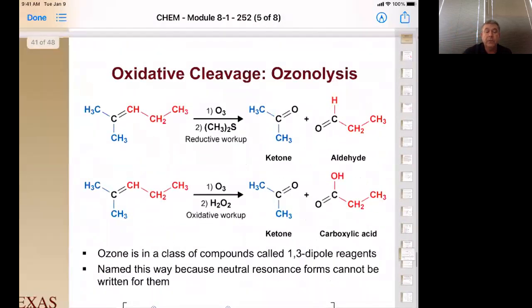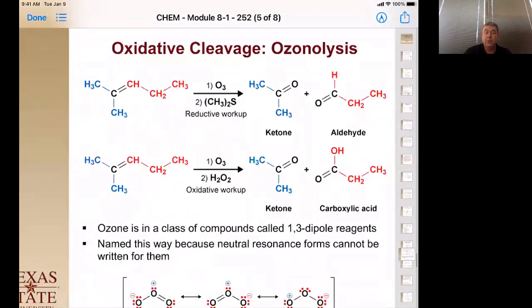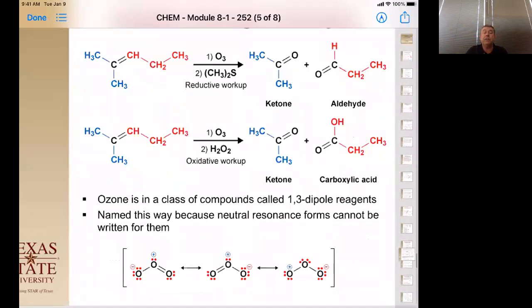In the case of ozone, it's a very specific reaction because ozone, it turns out, if we draw all of its resonance structures, has a separated charge. It has a negative charge and a positive charge, and it kind of moves around.